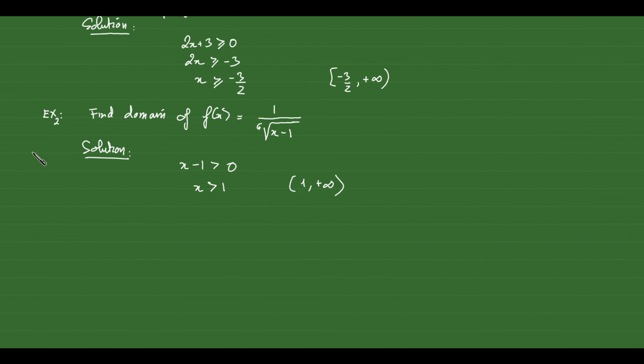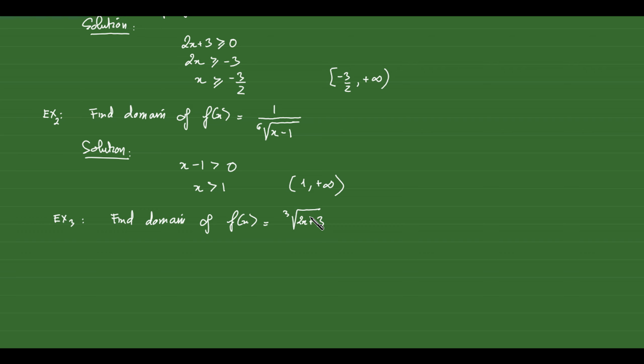Now I'm going to give you an example and find the domain of an odd root. Example 3: find the domain of f(x) equal to the cube root of 2x plus 3. For the cube root, you know that we can take the cube root, or odd root, of a positive number and a negative number, and include 0 too.